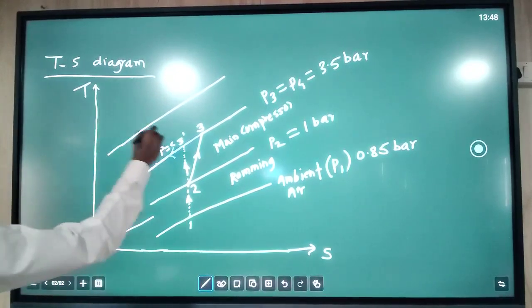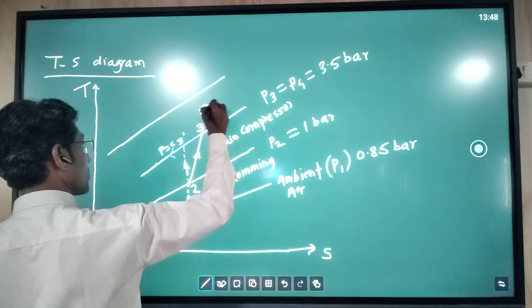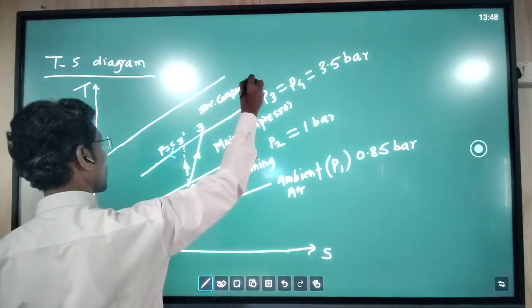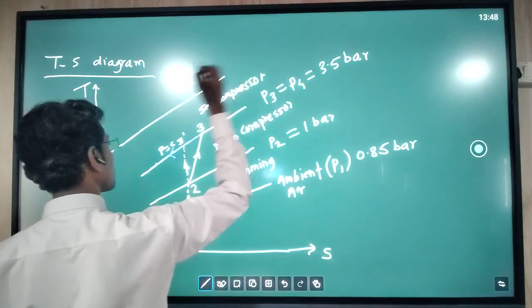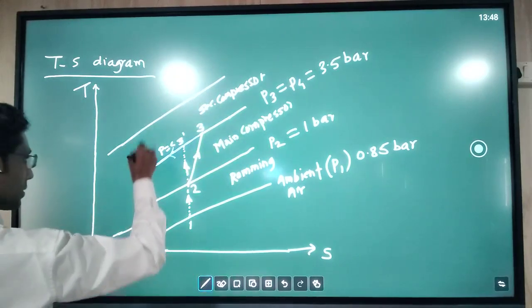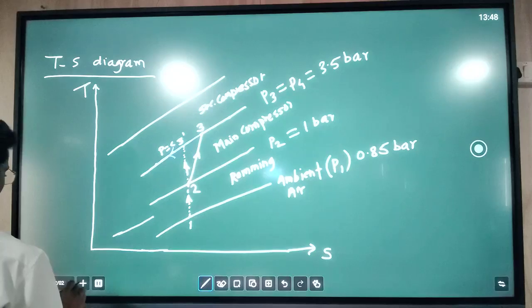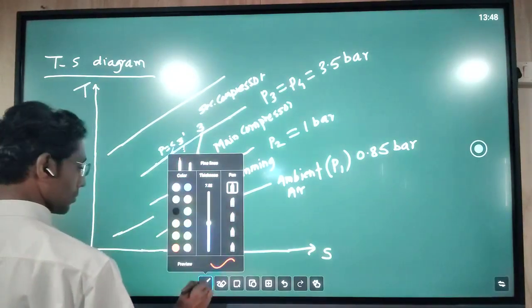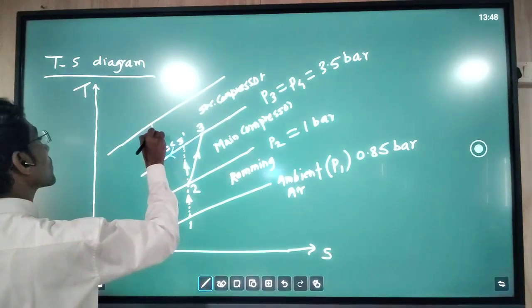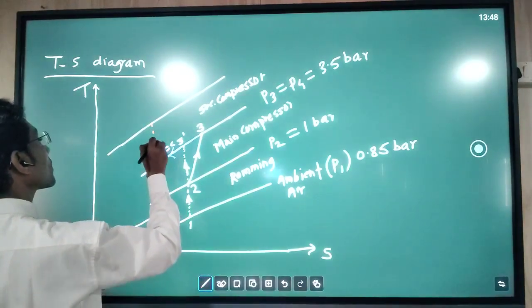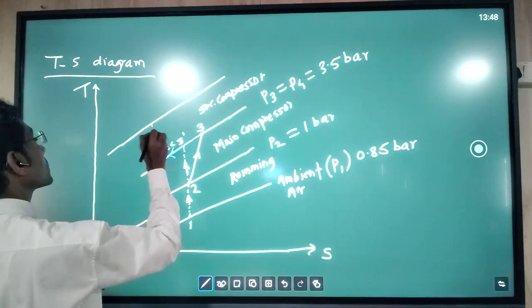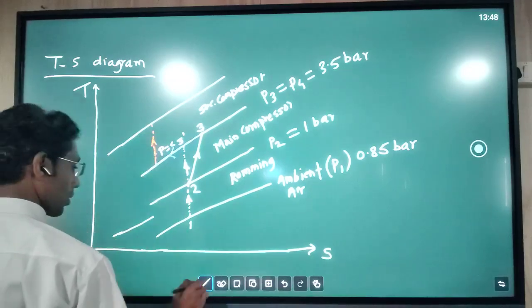Then here is the secondary compression, the second compressor. Here again we show this vertical line, and this is the second compression process.